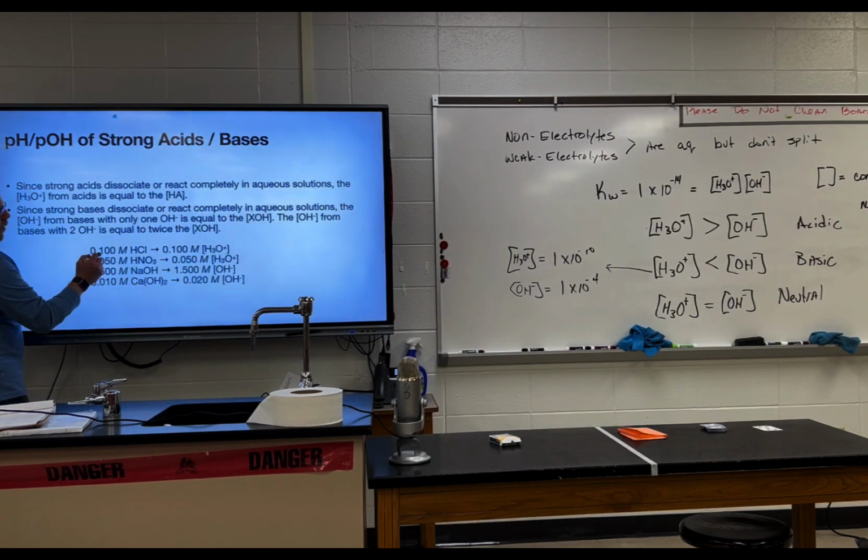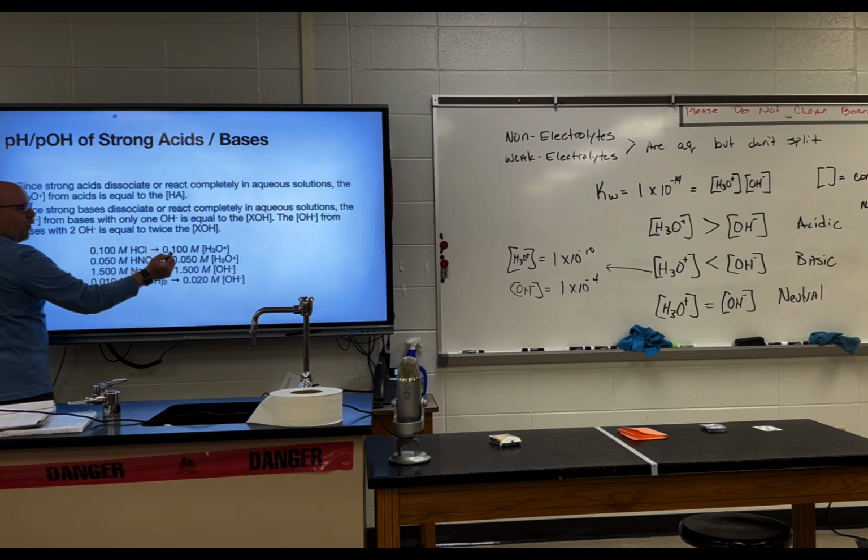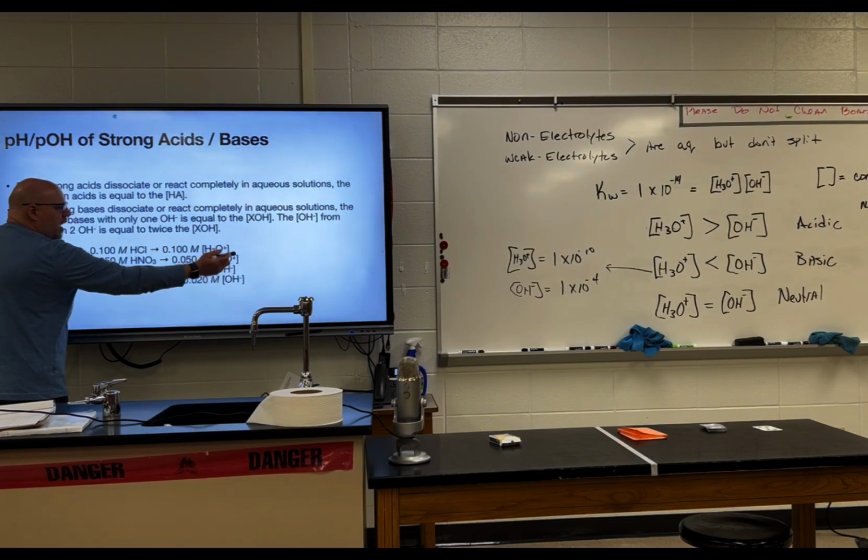So, if I have 0.1 molar HCl, I'm going to have 0.1 molar hydronium. Because it's going to split apart completely or react with water completely. If I have 0.05 molar of nitric acid, I'm going to have 0.05 molar hydronium.